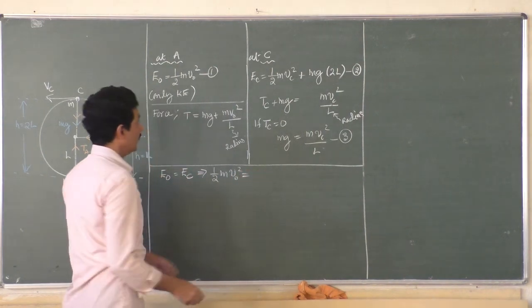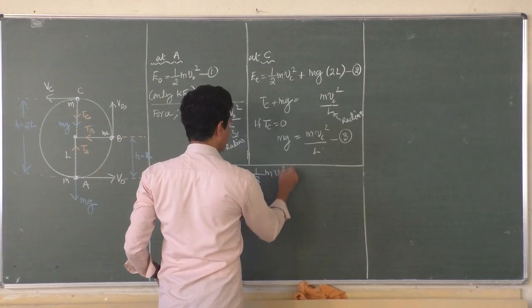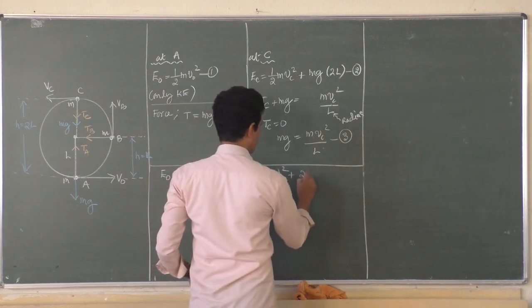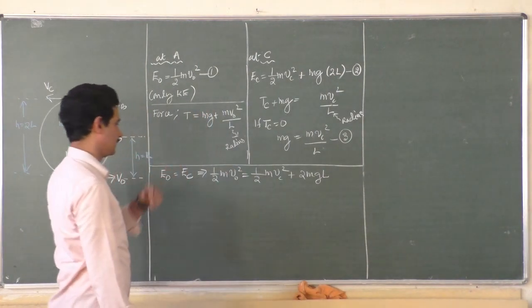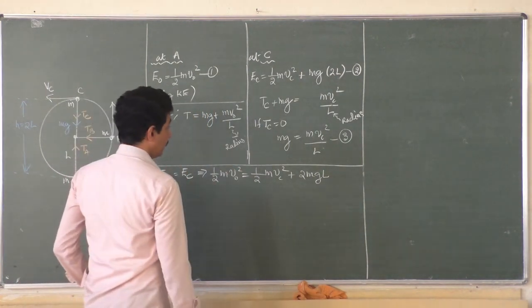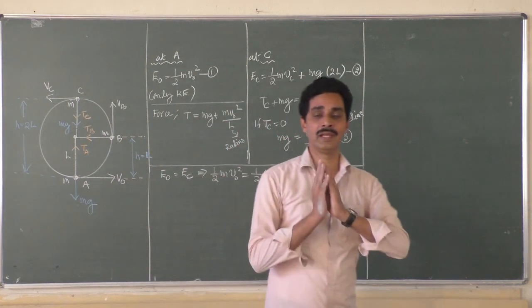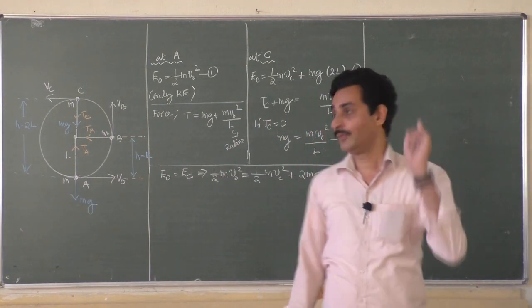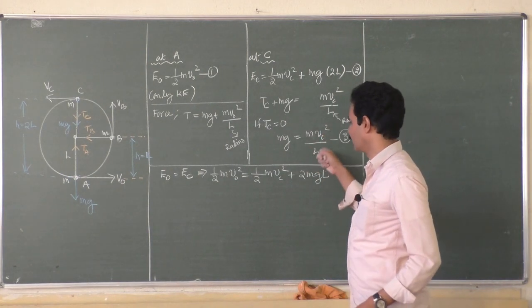It must be equal to the total energy at C, half m vc square plus 2 mgl. Am I right? These two energies must be the same. Okay, but we will take the help of this one also. At the topmost position there should not be any tension in the thread, meaning weight will give the centripetal force. mg must be given by mv square by l.